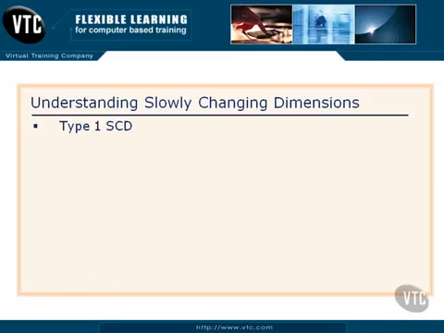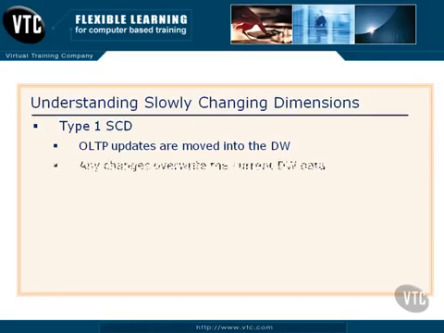First of all, when we're talking about a Type 1 slowly changing dimension, we're simply talking about a situation where any updates in the OLTP data are moved into the data warehouse. And so if some data changes that's part of my dimensions in the data warehouse, we just overwrite whatever changes into the data warehouse data.